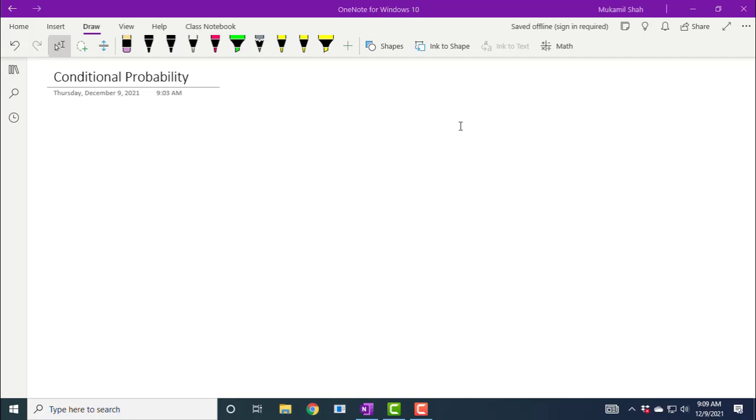For example, the probability of 1 is 1 over 6, the probability of 2 is 1 over 6, and so on, right? But if a restriction is put on your sample space, and the question is what is the probability of getting a 4 when a dice is thrown, given that only even dots occur in your sample space.